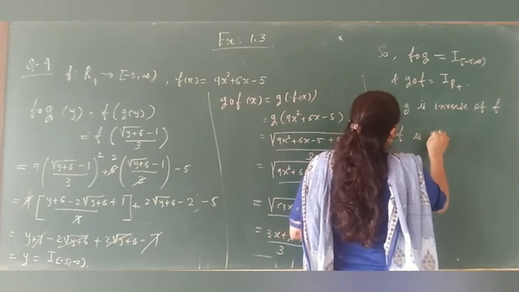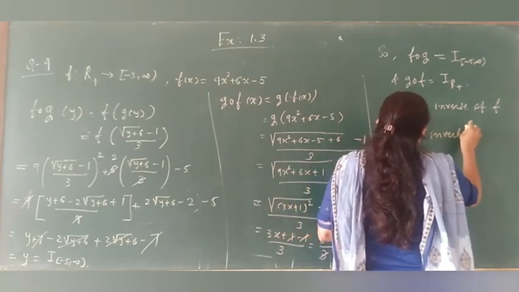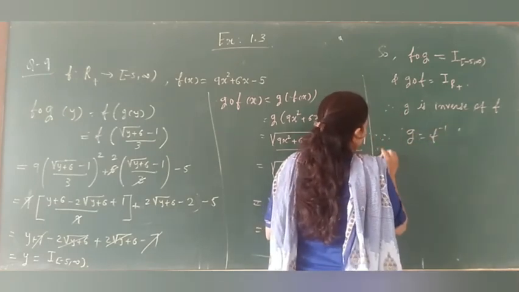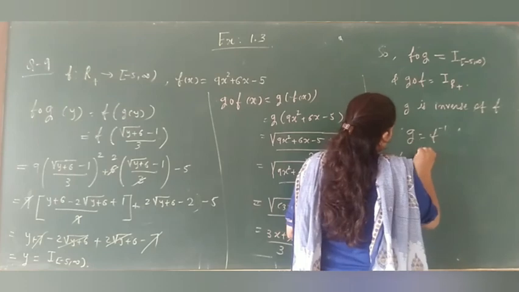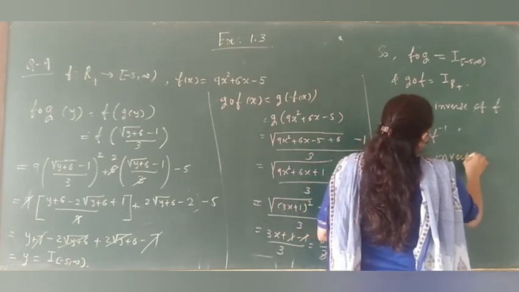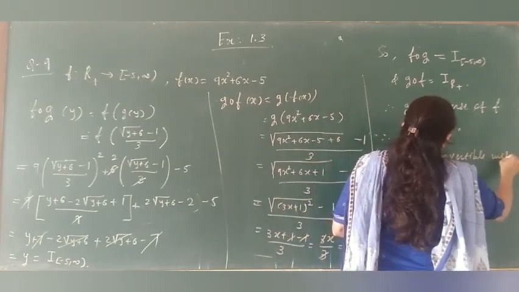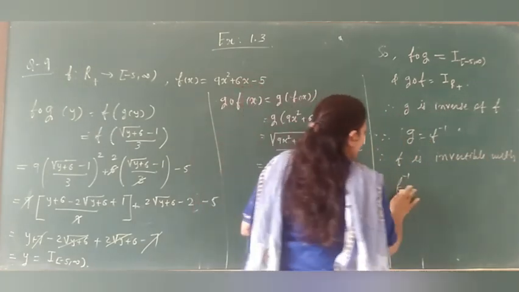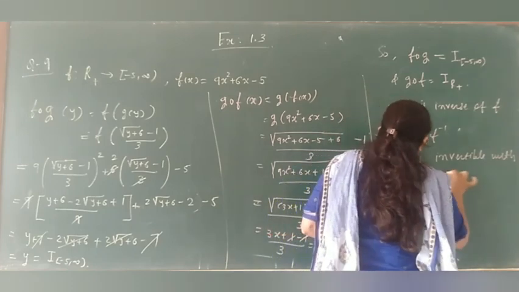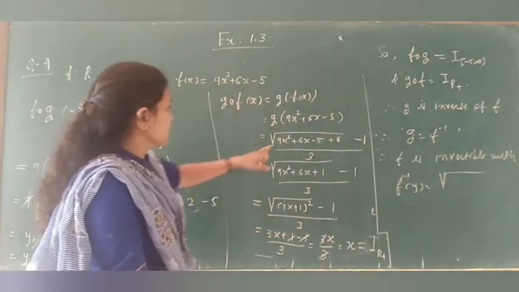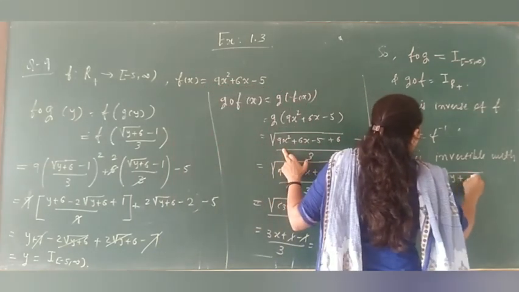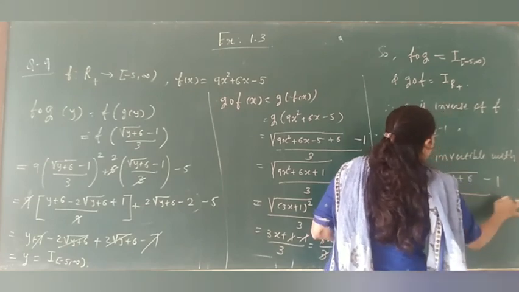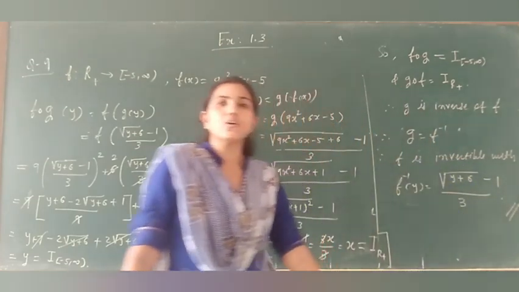Therefore f is invertible. Therefore g is equal to f inverse. Therefore f is invertible with f inverse of y equal to, what we have defined g, under root y plus 6 minus 1 upon 3. And our question is over.